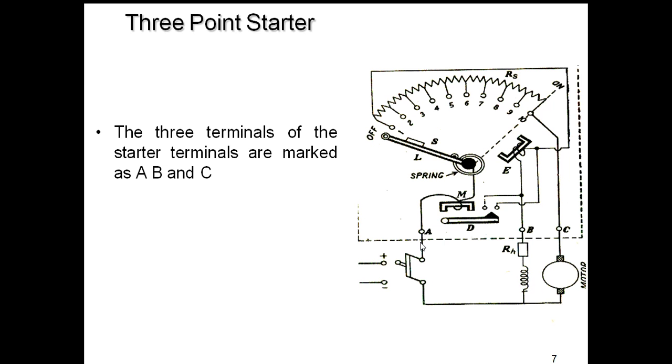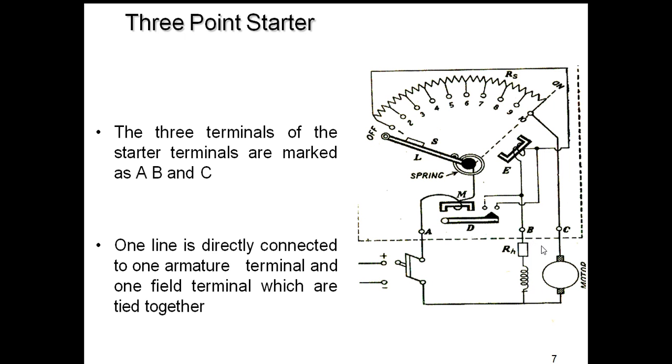Here, since this is the 3-point starter, the three terminals are marked as A, B and C. Here one line is directly connected to one armature terminal and one field terminal, which are tied together.